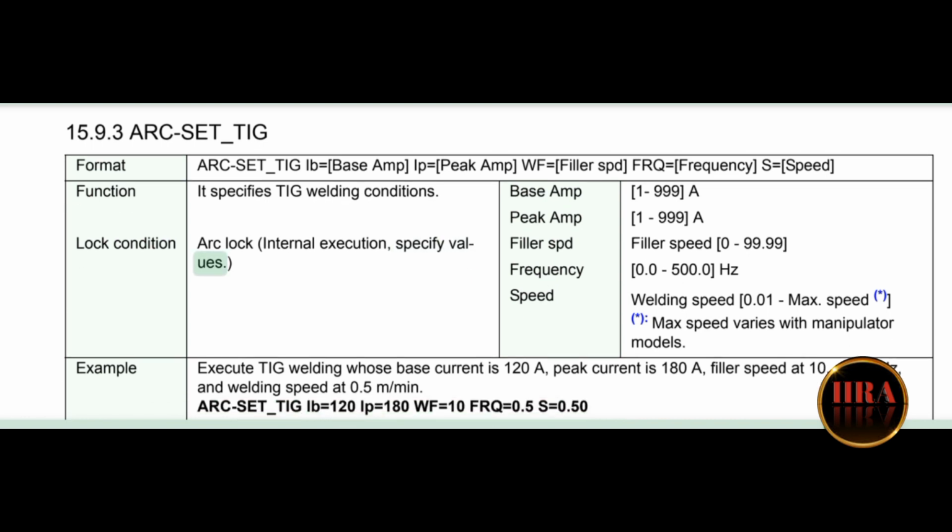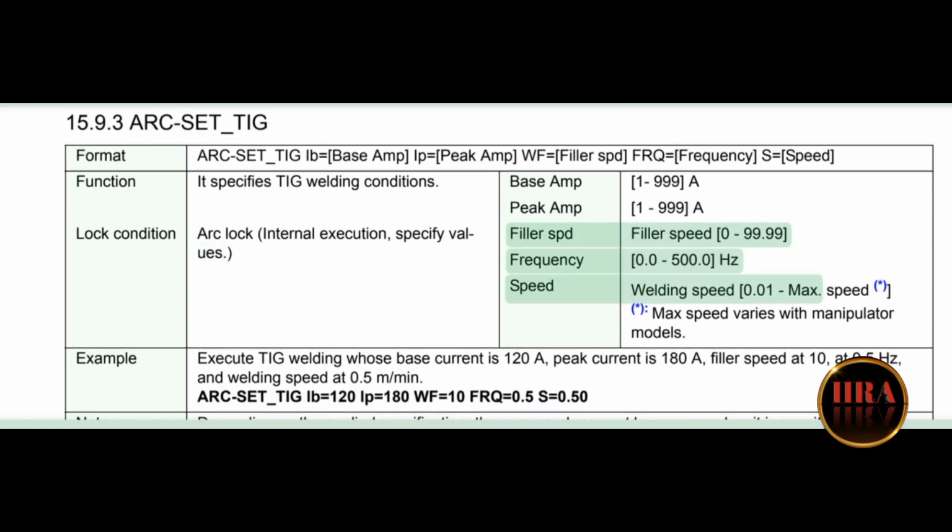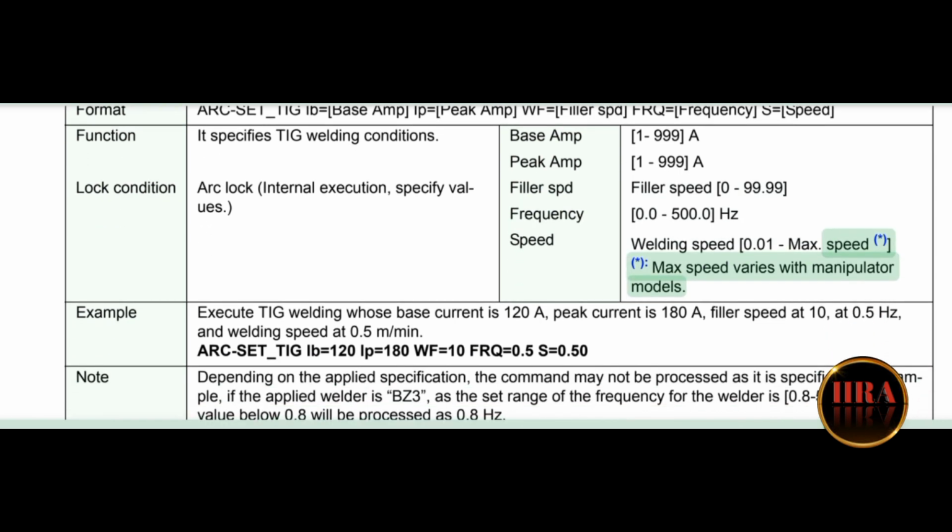Filler speed: 0 to 99.99. Frequency: 0.05 to 500.0 Hz. Speed: welding speed, 0.01 to max. Max speed varies with manipulator models.